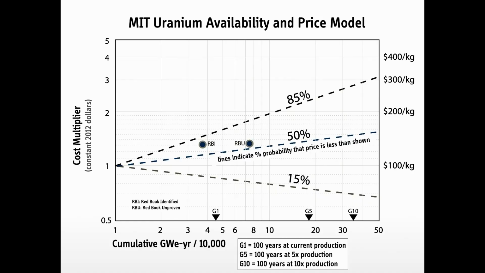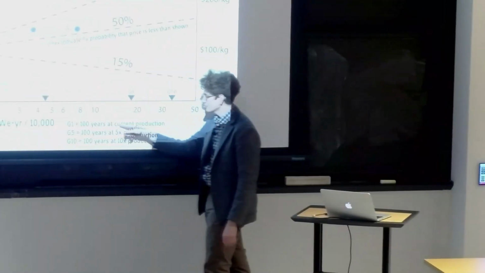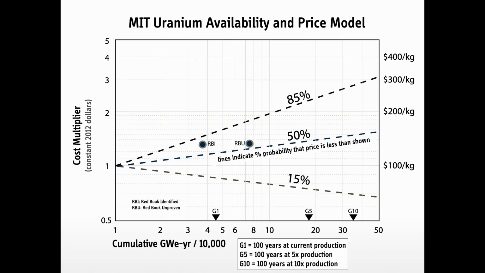Okay, across the bottom, the x-axis, is the cumulative amount of nuclear power on a log scale. G1 is 100 years of operation at current installed nuclear capacity levels. G5 is 100 years if we quintuple the amount of nuclear power in the world.